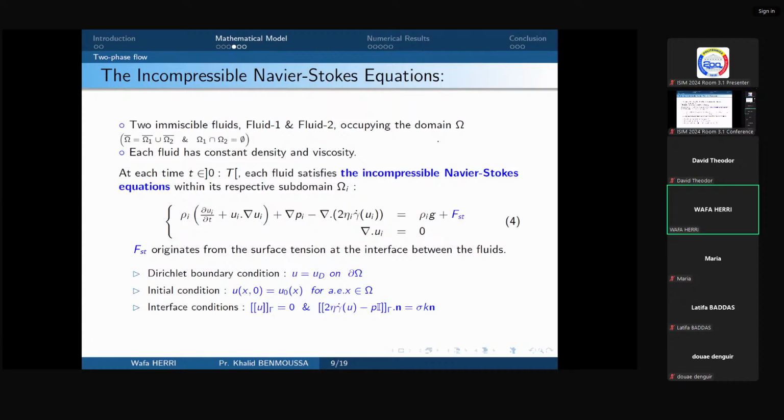To complete our problem, we apply Dirichlet boundary conditions to the velocity and the initial condition. Besides, the system is also completed with the interface conditions imposing the continuity of the velocity for the first equation here, and the balance of the normal stress with the surface tension across the interface here.